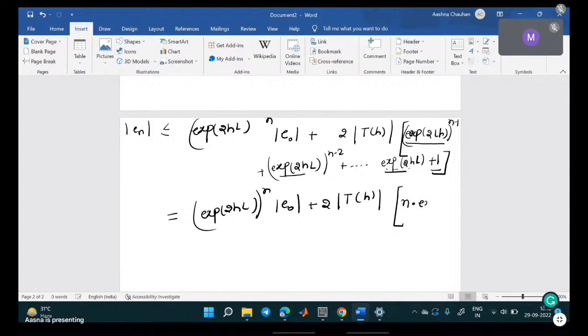So n times exponential of 2hl whole power n minus 1, right? This was the inequality that we were trying to prove in the last class, but maybe there was some calculation mistake. So this was the final equation that is coming out here. But yes, we have to make a few changes also.